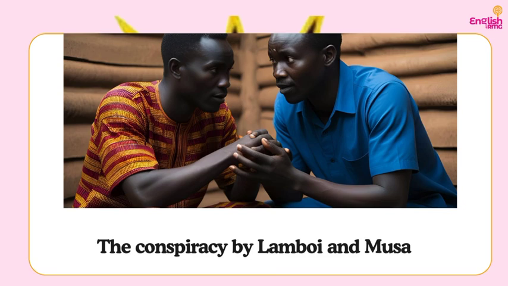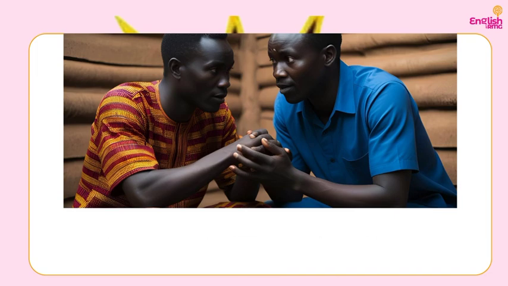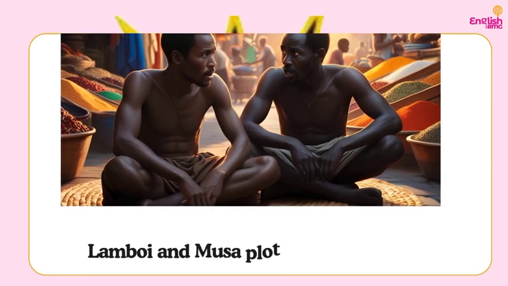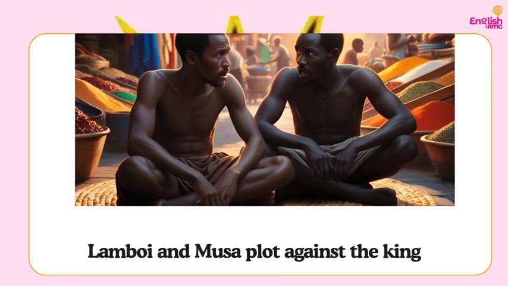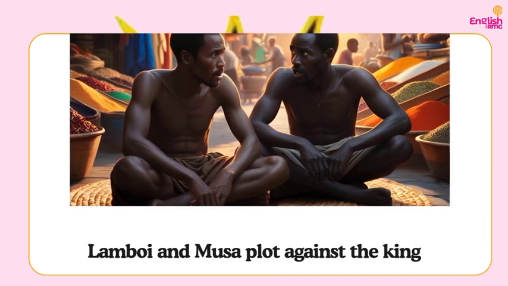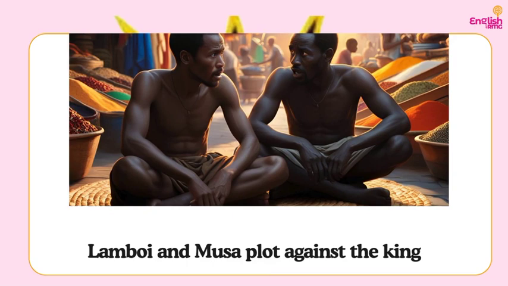So Lamboy has this ruthless, inordinate crave for power. He also wanted to rule the Mende kingdom, so he wants to conspire against Chief Baya. He approached Musa and bullied him into working with him to conspire against the chief so that he can kill him and become the chief of the Mende kingdom.